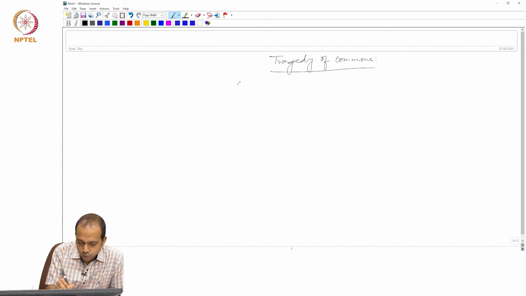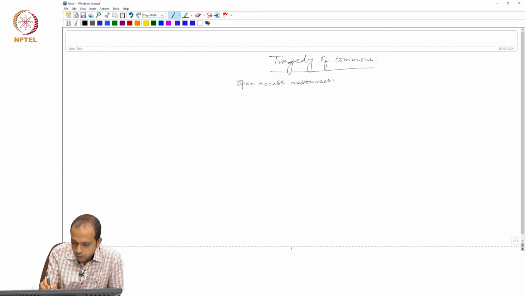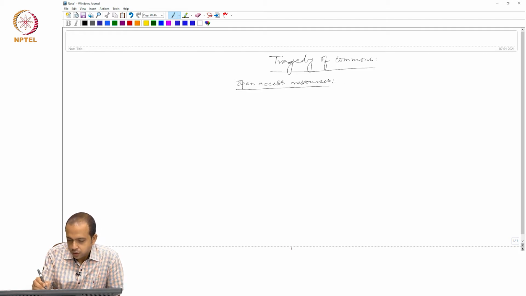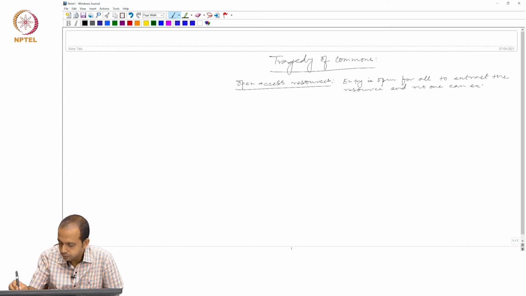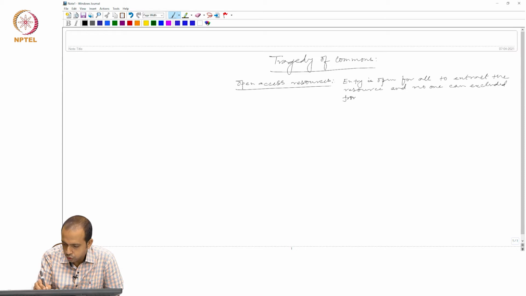Earlier we discussed open access resources, which were defined as: entry is open for all to extract the resource, and no one can be excluded from that resource. This is called open access resource.